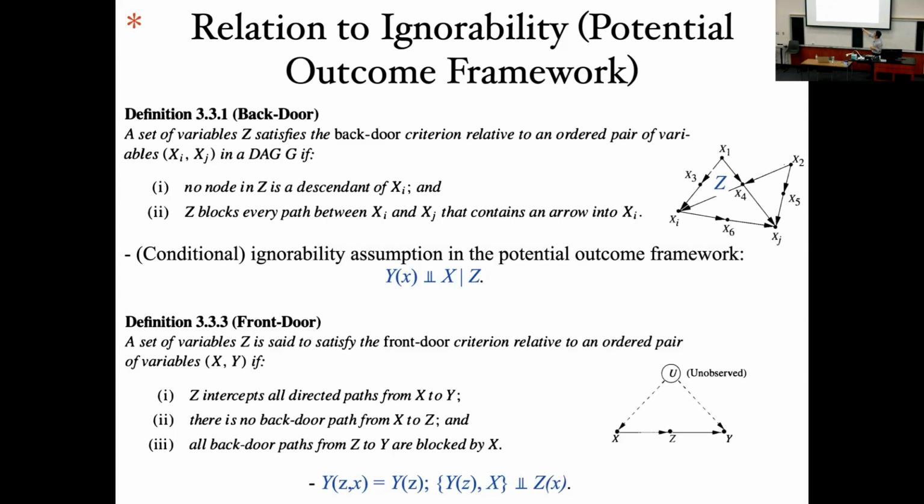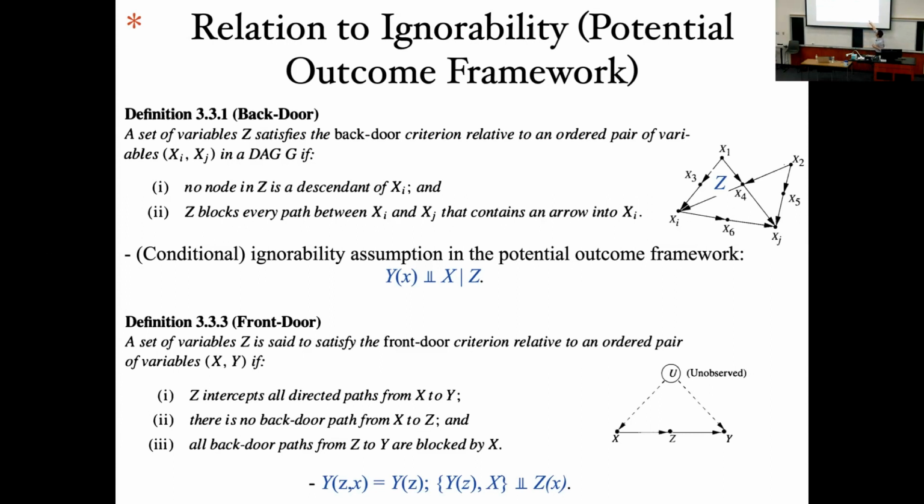The second one is also the independence between the mechanisms. This mechanism is independent from the other two mechanisms. They can share information. So Y of Z, this part, and X can share information because of U. But if you put them together, they are independent from the mechanism from X to Z, because there is no other way for them to be related.